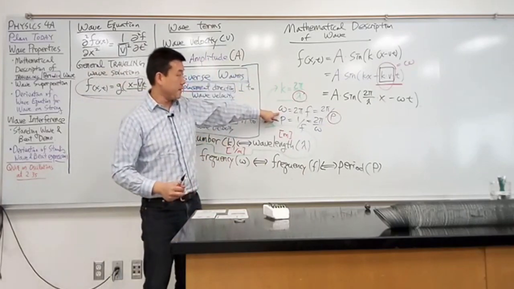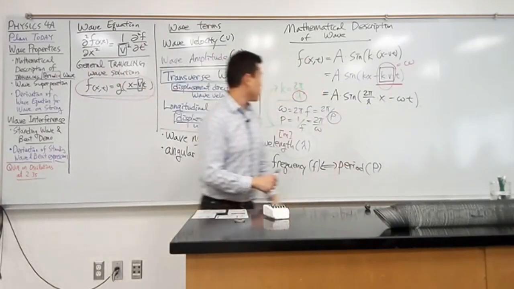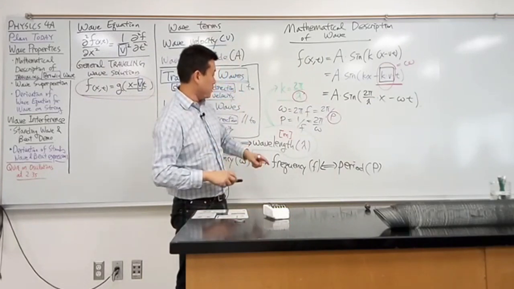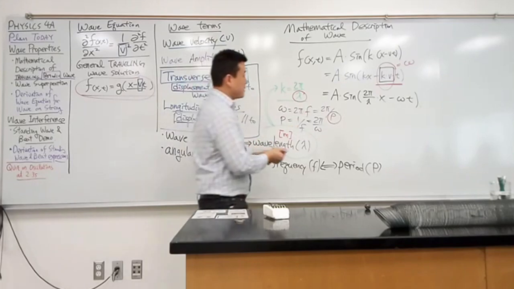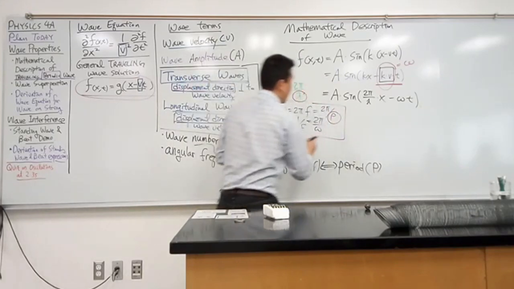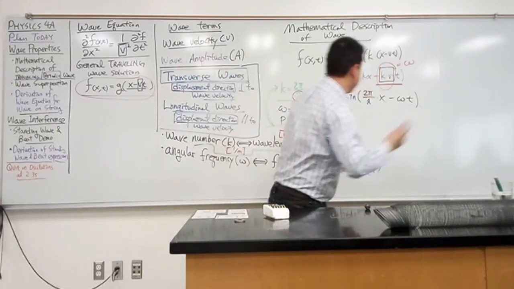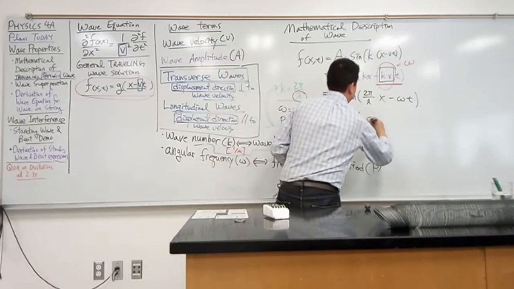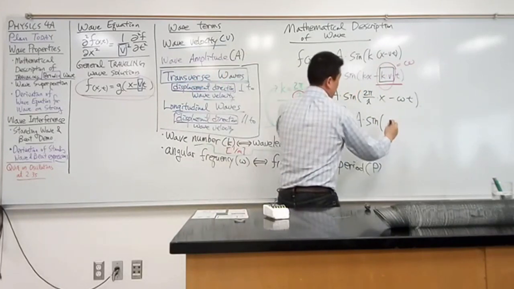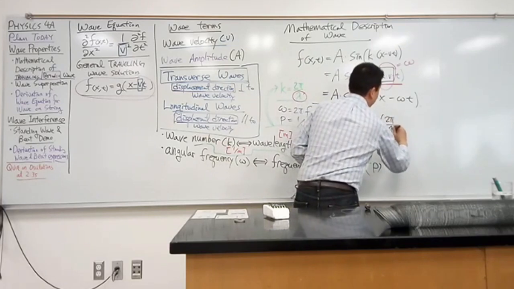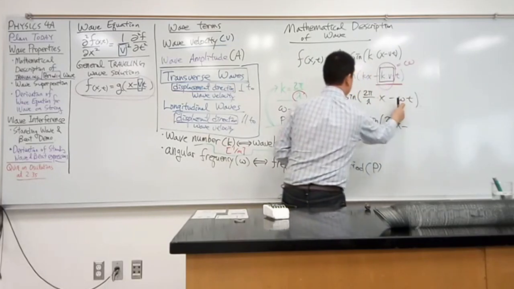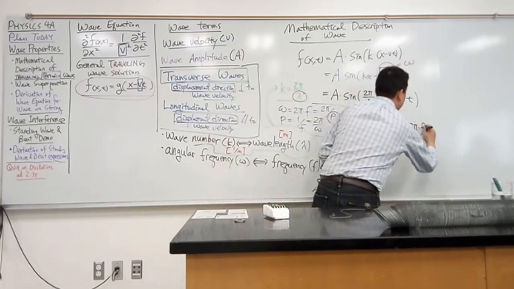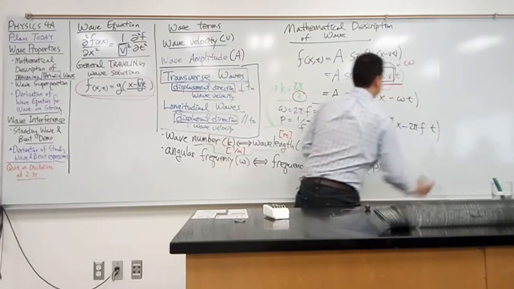So let me actually plug this in to rewrite this in terms of, I guess the most natural one to write it in is actually frequency. Then this is another way I could write down the mathematical representation of this wave: amplitude times sine of 2 pi over lambda x minus, rewriting omega in terms of frequency, 2 pi times frequency times time.